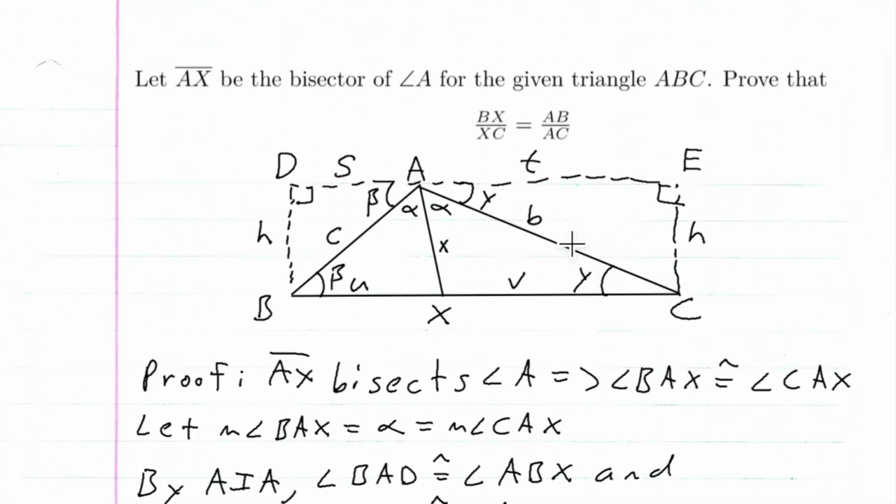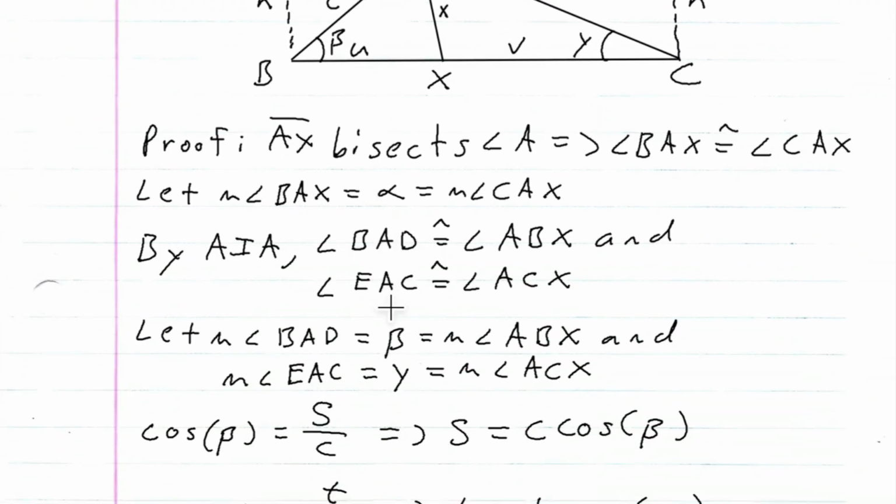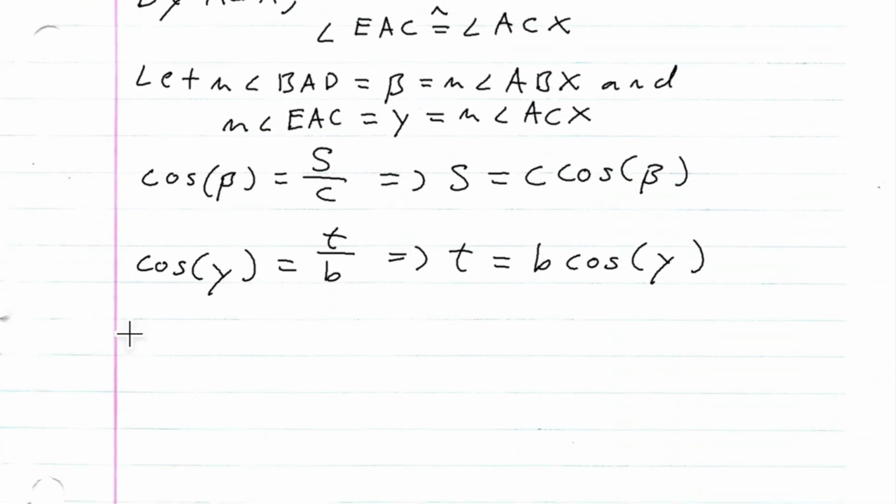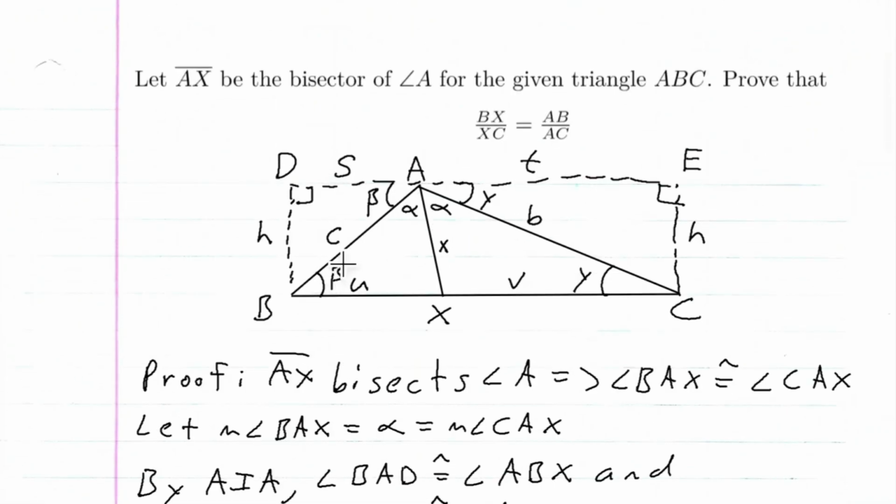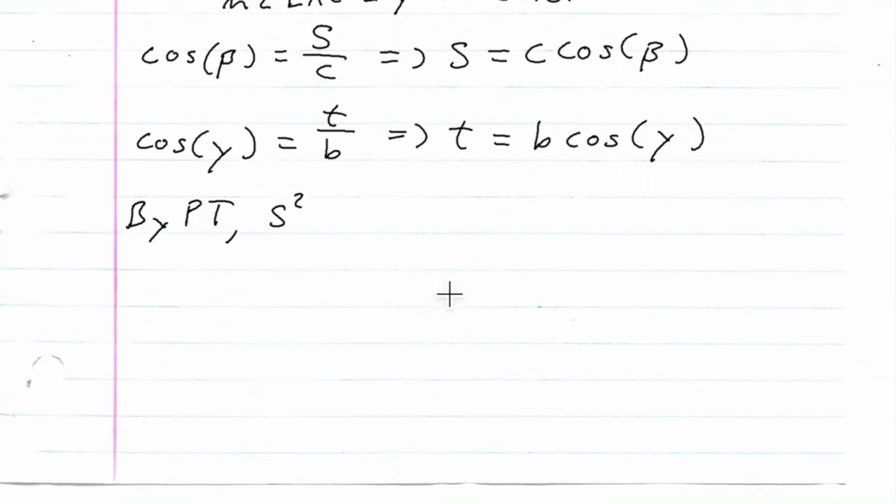Now, I'm going to use the Pythagorean theorem. I know s squared plus h squared is equal to c squared, and I know t squared plus h squared is equal to b squared, right? Because these are the legs of the right triangle, and that's the hypotenuse. Same over here. So by the Pythagorean theorem, s squared plus h squared is equal to c squared.